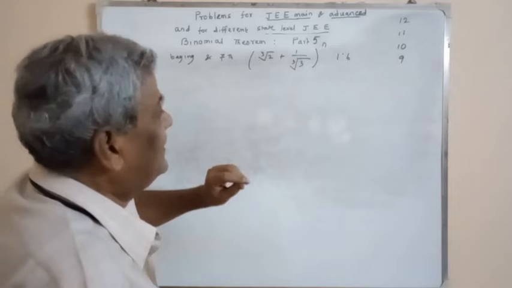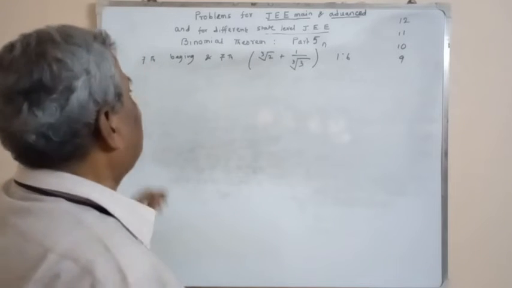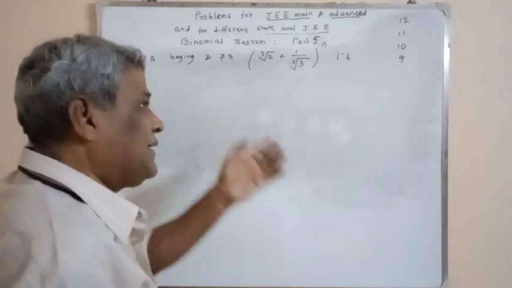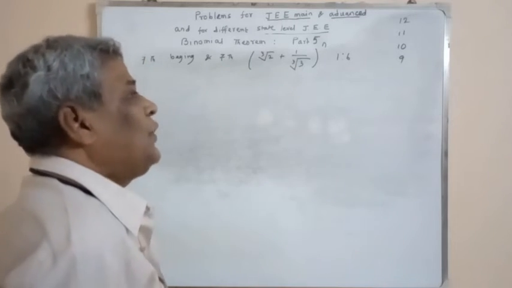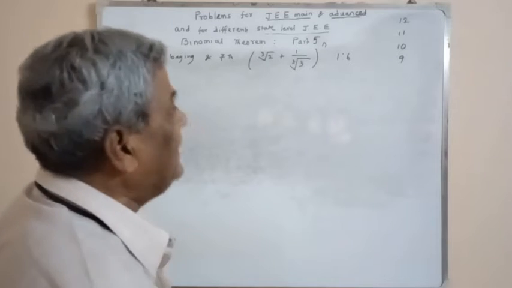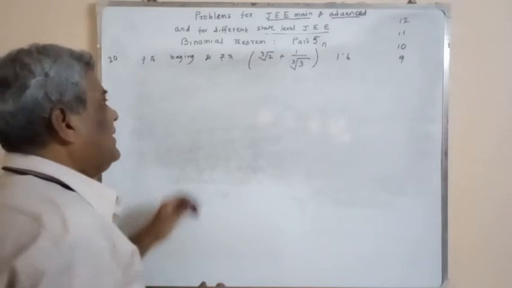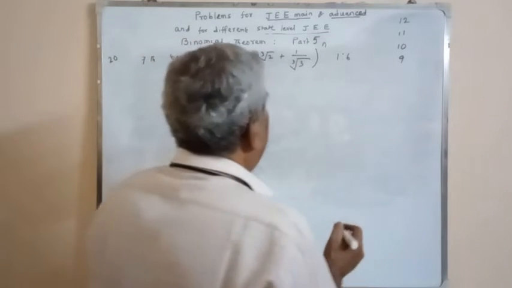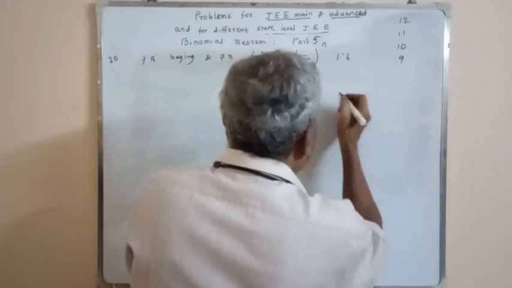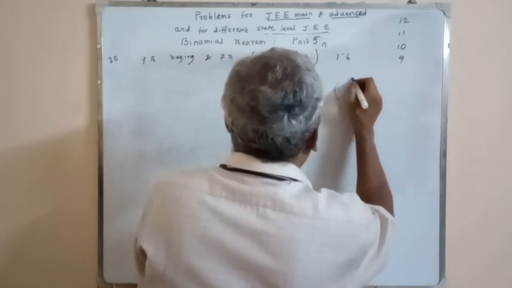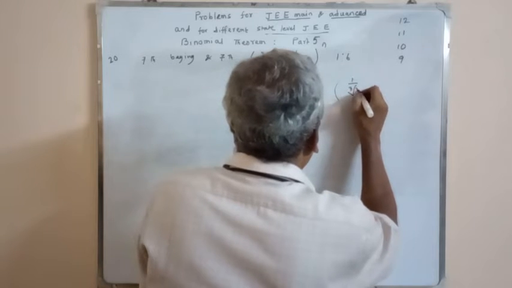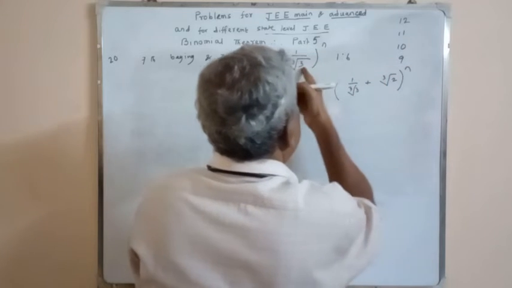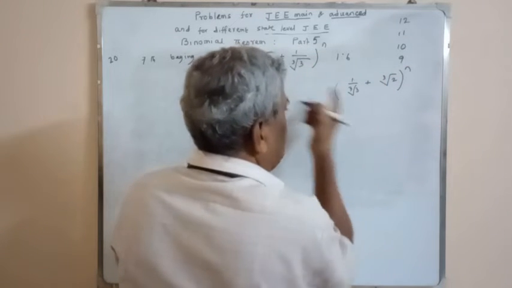In that expansion, given that its seventh term from the beginning and its seventh term from the end, this ratio is 1:6. Then n is how much? Now, one thing, seventh term from the end means seventh term from the beginning of (1 by cube root of 3 plus cube root of 2) to the power n. These two are interchanged.